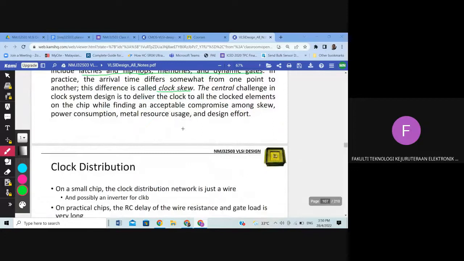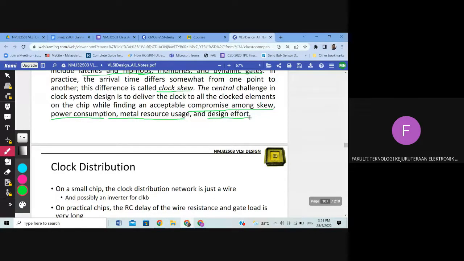So that's the situation. Then, as a physical designer, we need to find the compromise between clock skew, power consumption, metal resources to use, and design effort.